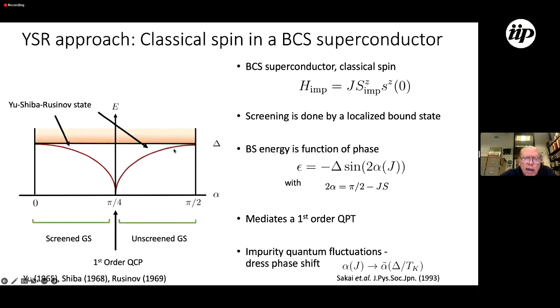So you see, if this here is the gap, delta, in an energy gap, we have bound states at the impurity site, sub-gap bound states. This is a bound state which screens the impurity, and this is a bound state which does not screen the impurity. And you have a first order transition between these two phases depending on the strength of JS. And more recently, people improved this, introducing quantum fluctuation and renormalizing this phase.